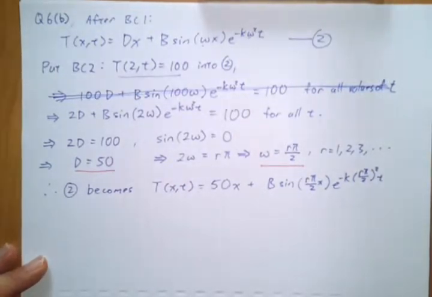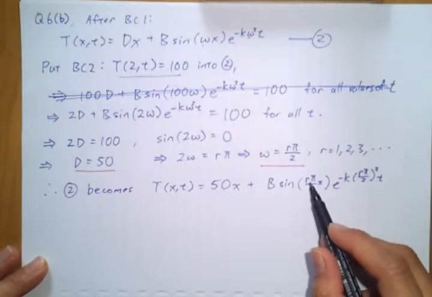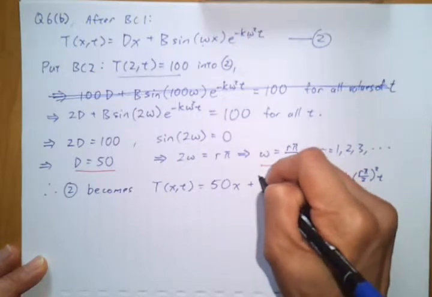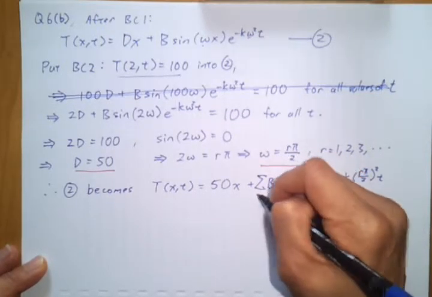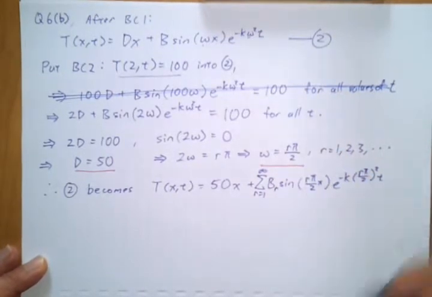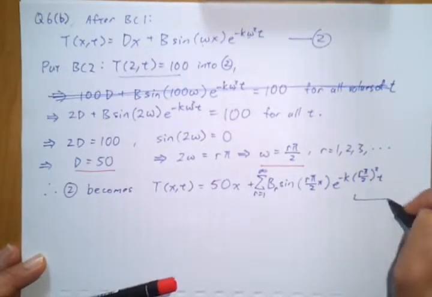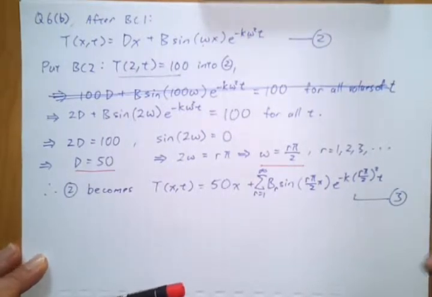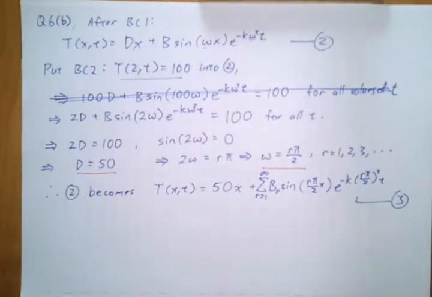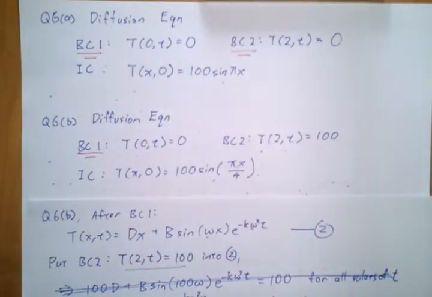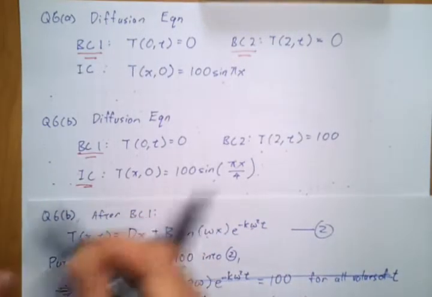Alright, so again your r takes on the value of 1, 2, 3, and so on. So what we want to do is sum up all the solutions for the different r values, just like before. So this is then my updated solution, which I call 3. So how do we find the BR? Well, same thing, you go look for the initial condition.